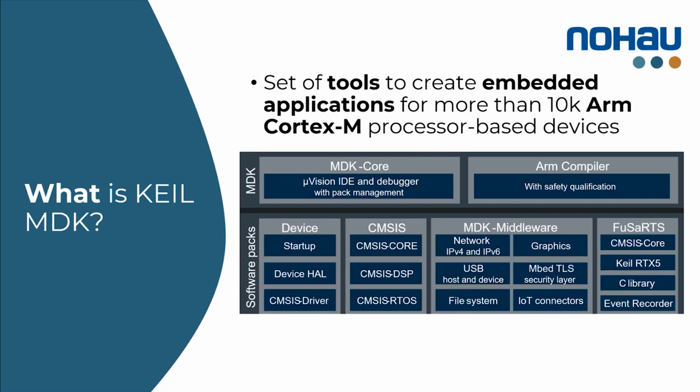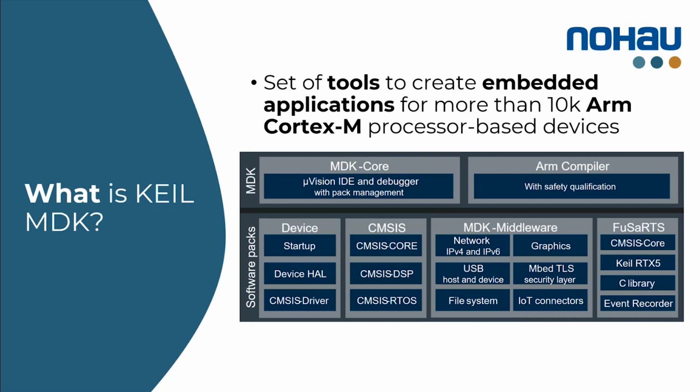Now, the second part of Keil is the software packs. Software packs can be added at any time, which makes new device support and middleware updates independent from the toolchain. Device support is added via device family packs listed on the CMSIS pack index. CMSIS offers software packs that contain components for core support, for DSP, for neural network libraries, and a free-to-use real-time operating system.